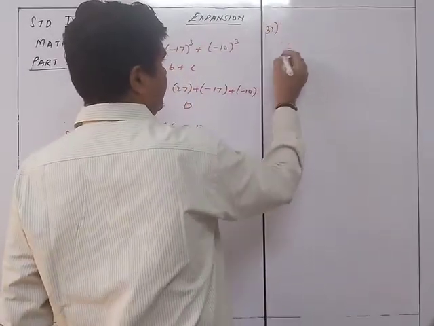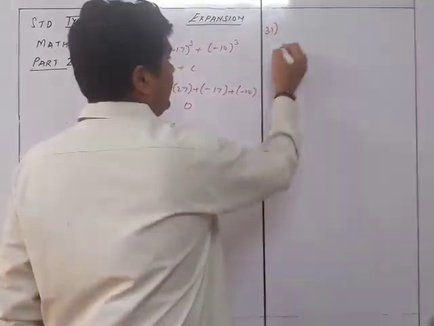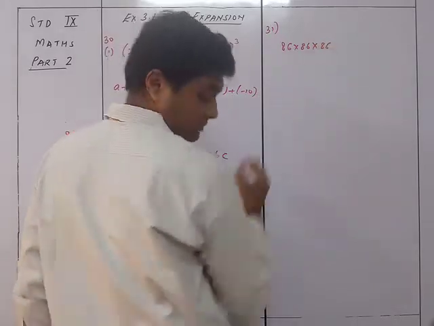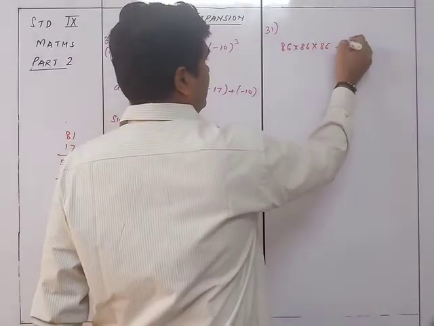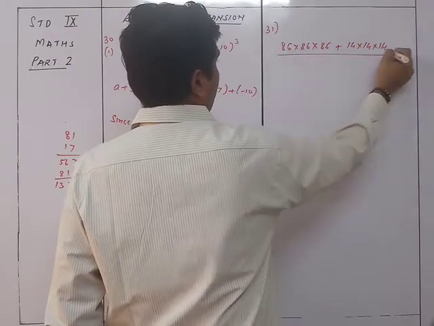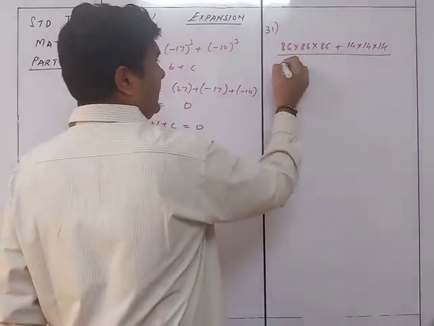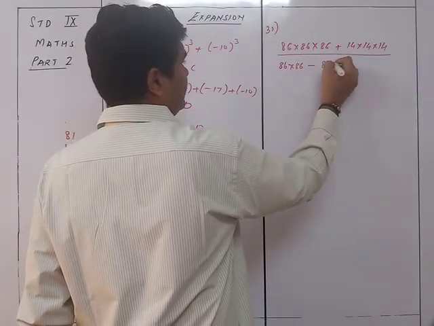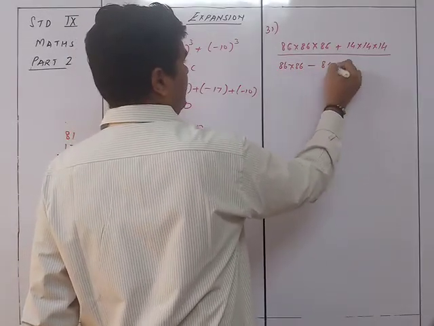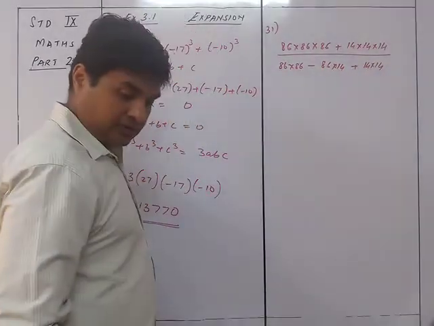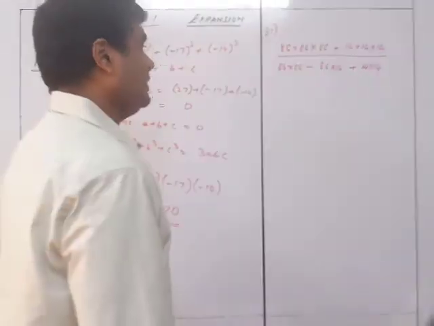Sum number 31 is given as 86 into 86 into 86 plus 14 into 14 into 14 upon 86 into 86 minus 86 into 14 plus 14 into 14. Now this is what you need to find out. Very simple.